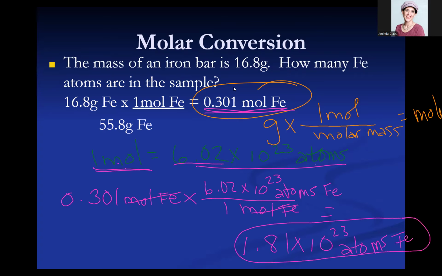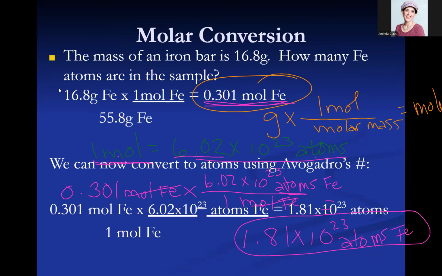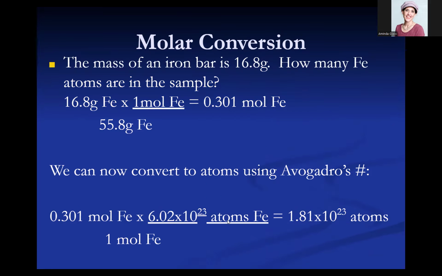I have to use the units that I still have that haven't been canceled out. Then here is the work in a more clear fashion, if it makes it easier for you to follow. 0.301 moles times 6.02 times 10 to the 23rd atoms per 1 mole equals 1.81 times 10 to the 23rd atoms of iron.